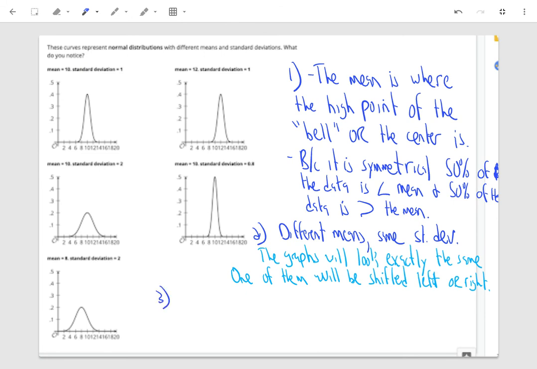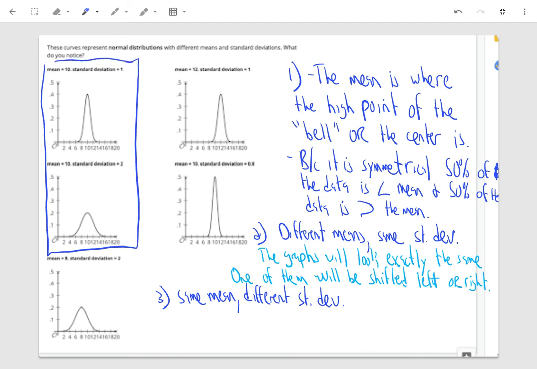The last thing I want to look at is what if we have the same mean but different standard deviations. Okay, so that would be something like this. Okay, these both have means of 10.